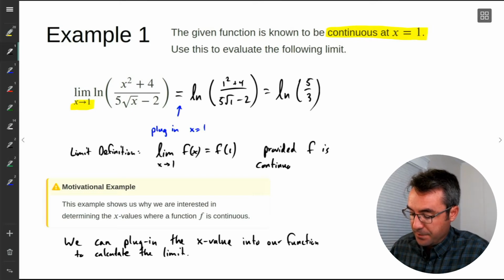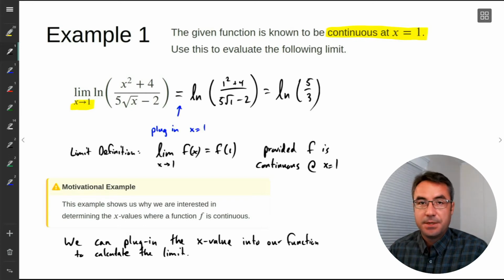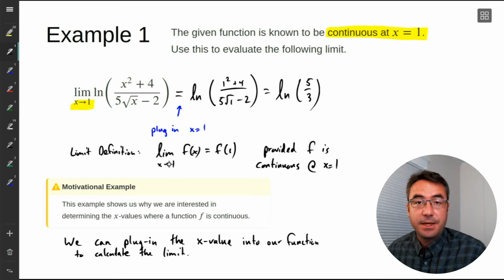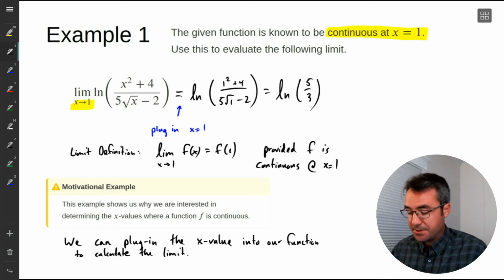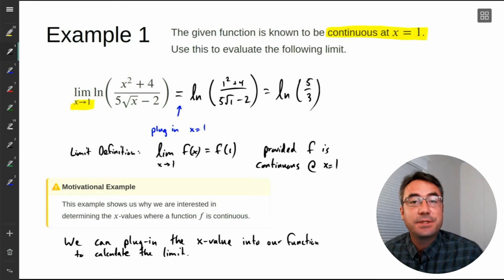And we know that for this particular function because we're told that. So this is what the limit definition is saying for this case here. As x gets closer to 1, the limit of our function is equal to the function value directly at x equals 1. So we can just plug right into our function to calculate this limit. And that's why continuity is so useful. It allows us to quickly calculate these limits.